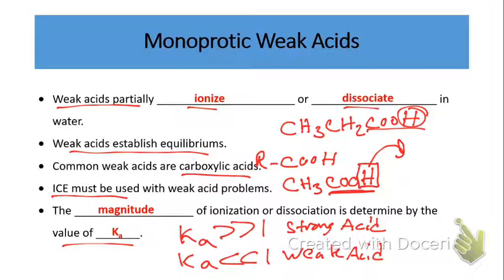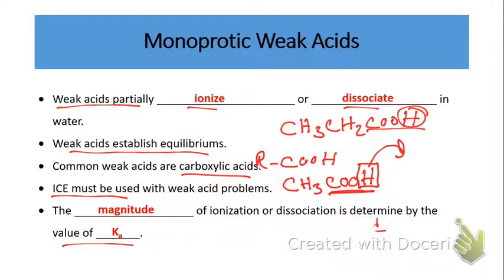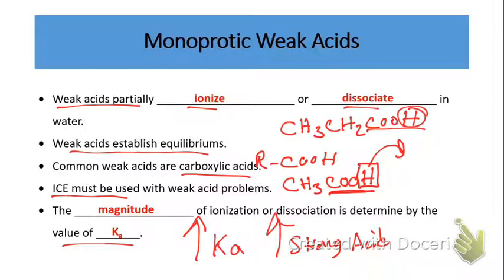So the smaller the Ka value, the weaker the acid, and the larger the Ka value, the stronger the acid. And you should understand that relationship. Another way of looking at this: as the Ka value goes up, the strength of the acid also goes up.